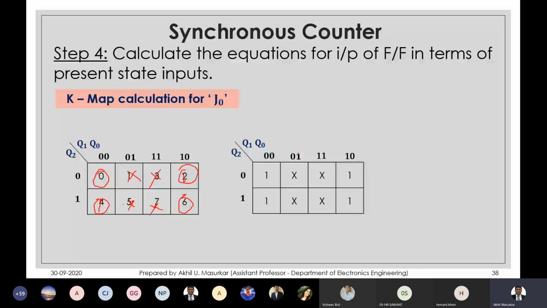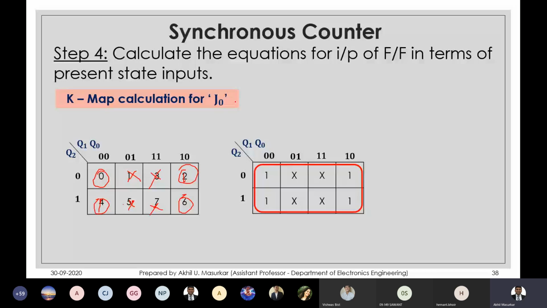So we will get a quad. So what will be the value of J0? One. Yes, that is right.